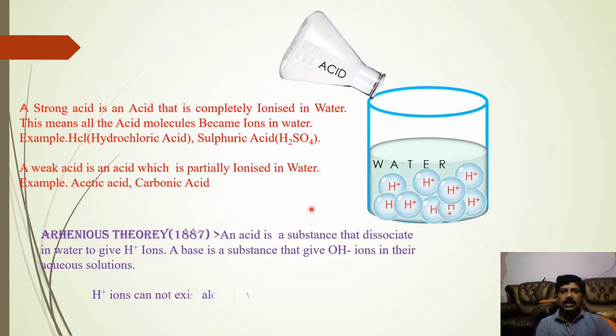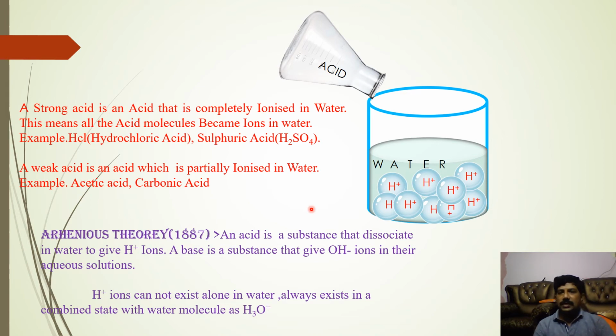So, a strong acid is an acid which is completely ionized in their aqueous solutions. A weak acid is an acid which is partially ionized in water. Examples for strong acid: hydrochloric acid, sulfuric acid, phosphoric acid. Examples for weak acid: acetic acid, carbonic acid.